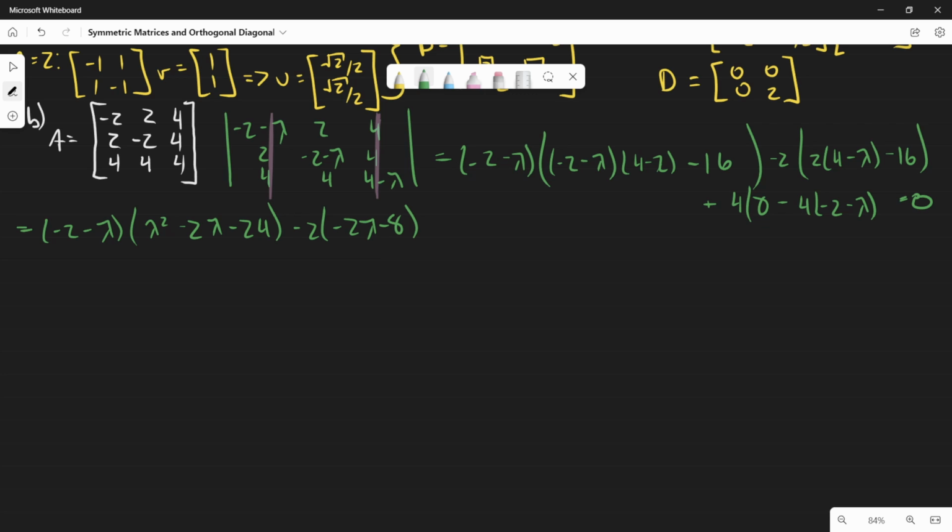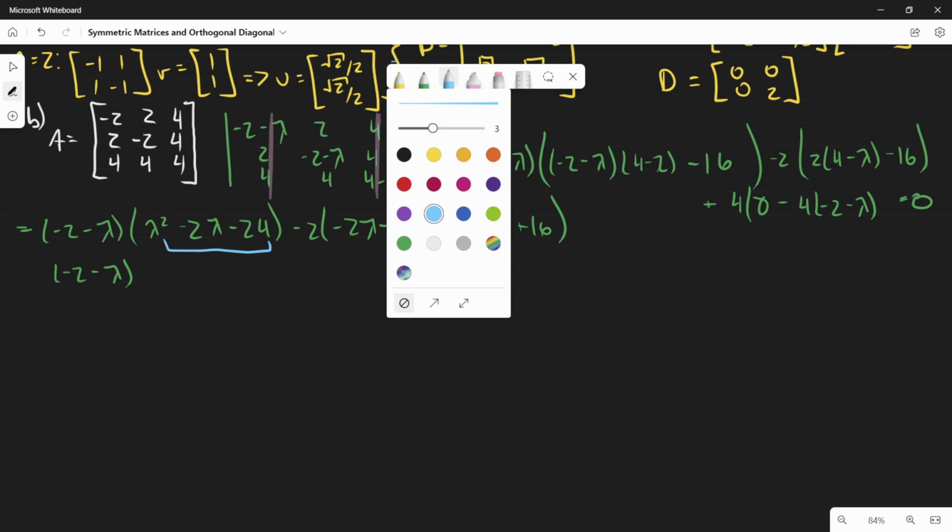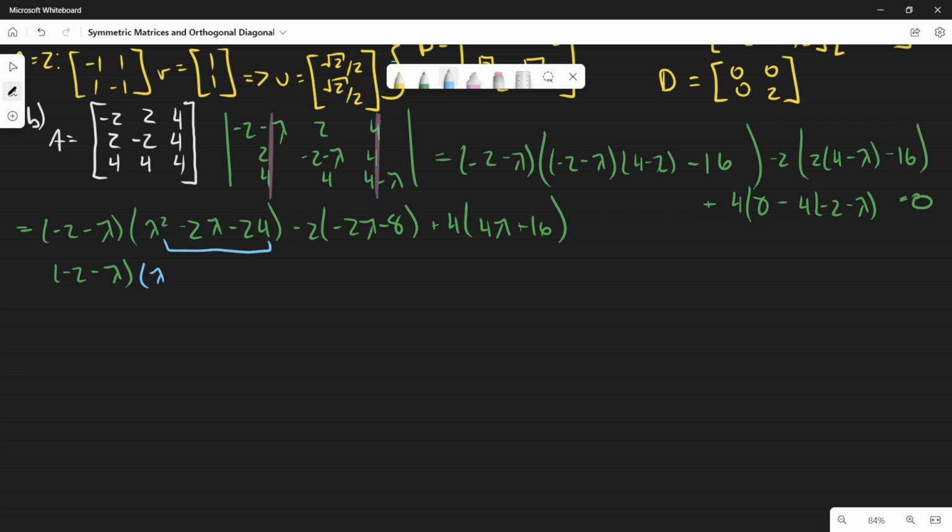And this would be plus 4 times 8 minus 4 lambda plus 16. Simplify this even further, we can factor this out. So this would be -2 minus lambda multiplied by (lambda minus 4) times (lambda minus 6).